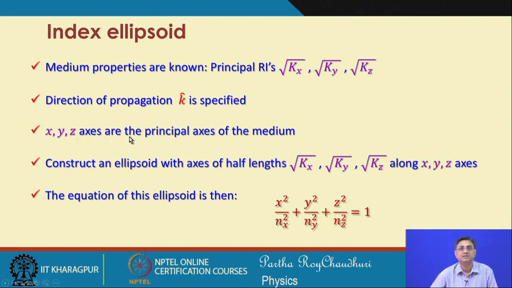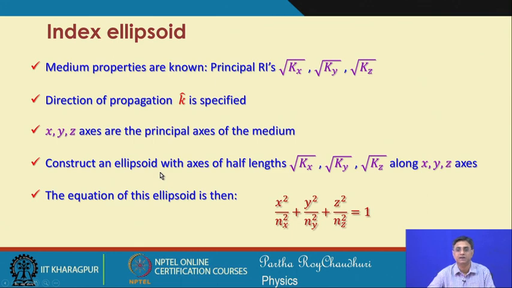X, y, z, these axes are the principal axis system of the medium, which we have to reorient to coincide with the eigenaxis of the medium. After doing this, because these quantities are known to us, we will construct an ellipsoid with the axis of half lengths of under root of k x, under root of k y and under root of k z along x, y and z axis.